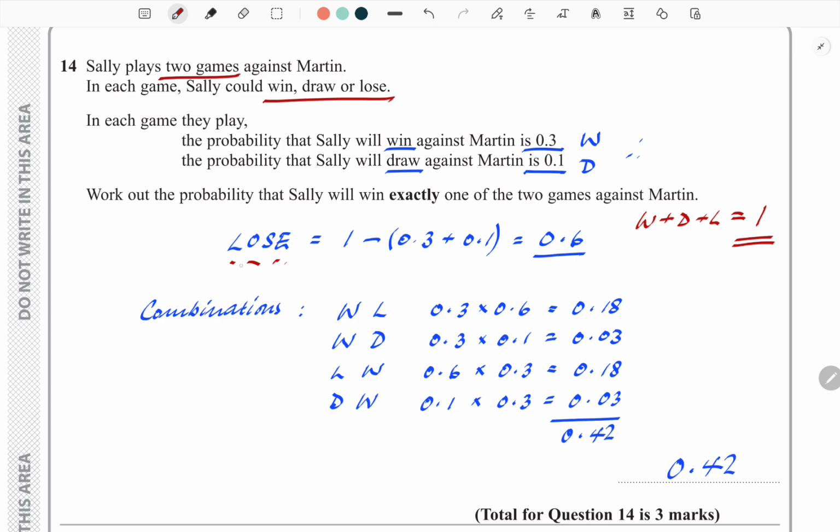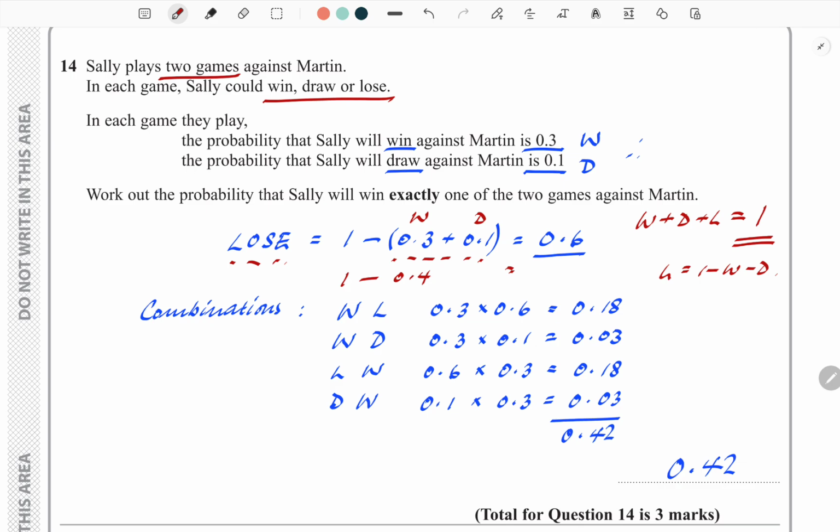So in this case, the probability of losing a game must be 1 minus the total probability of winning and drawing. So L equals 1 minus W minus D. That's exactly what we've done. 0.3 plus 0.1 is 0.4. And so 1 minus 0.4, you've got your 0.6.